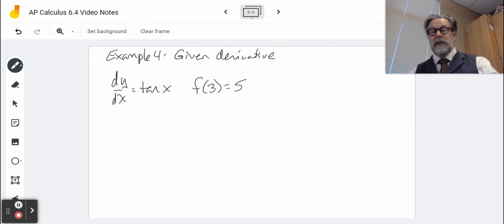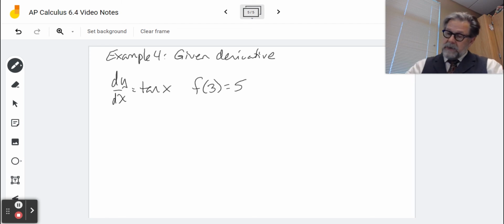So there's a point on this graph where x is 3 and y is 5. So let's start by saying y is equal to the integral from 3 to x of tan of t dt.